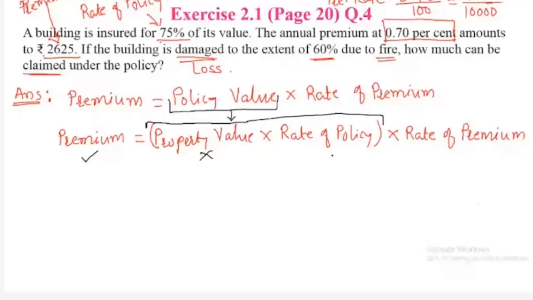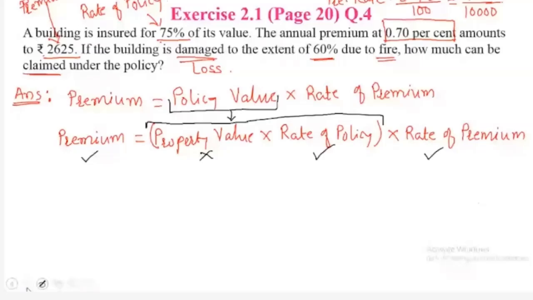Yes. Do you know rate of premium? Yes. So will we get property value now or not? We know premium, we know rate of policy, we know rate of premium. Only thing we don't know is property value. So we can calculate property value.